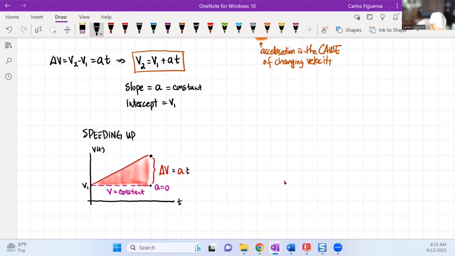That's how I change. I have a positive sloped line.